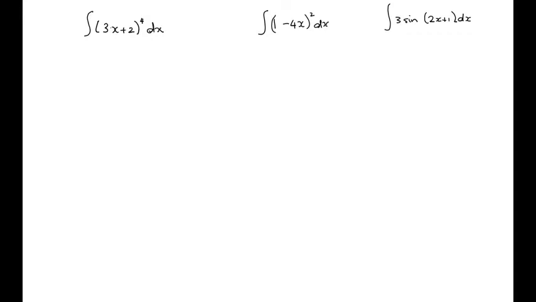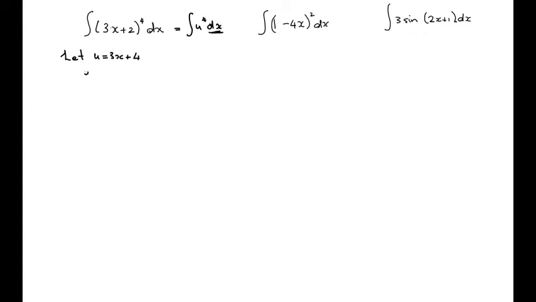So if we rename that bit, if we just rename it as, say, u, then I can rewrite my original question, but I've got a problem because I've got a u and I've got an x, and I can't do that. So I need to find some expression for dx.